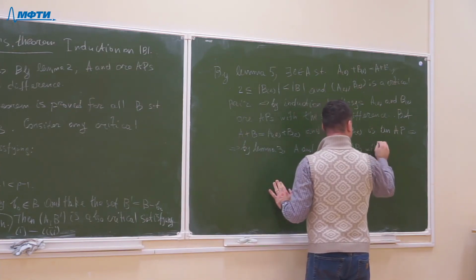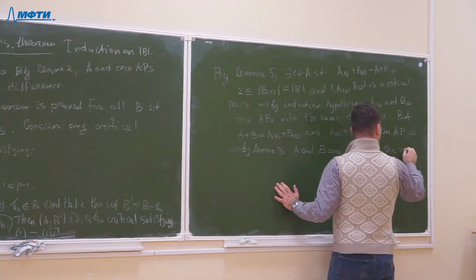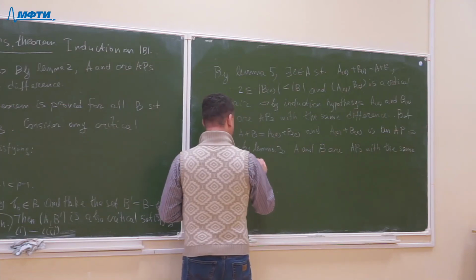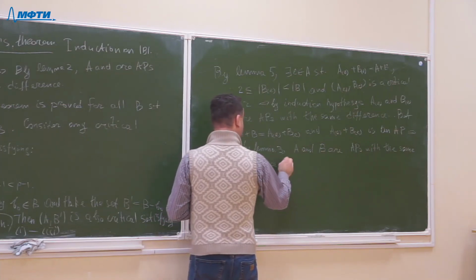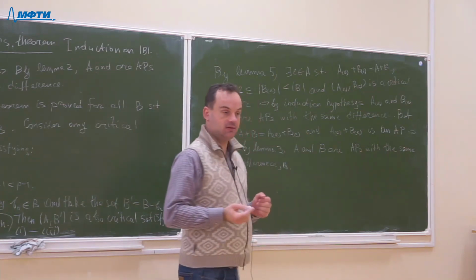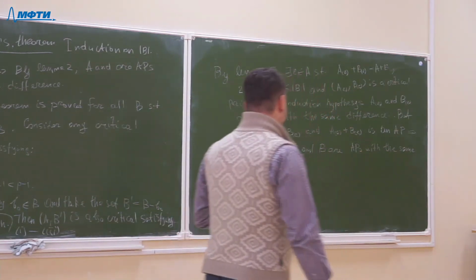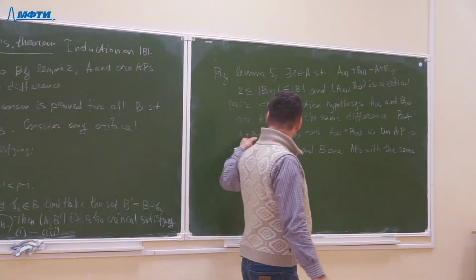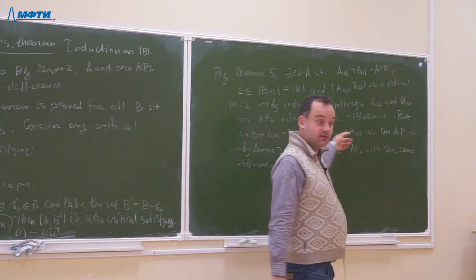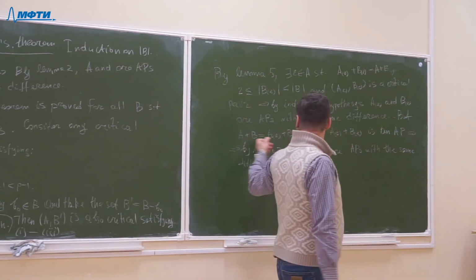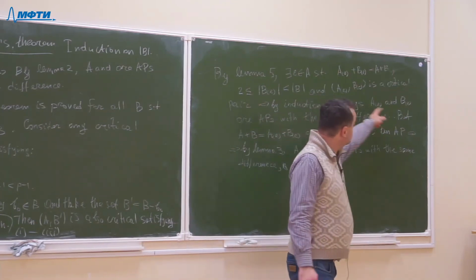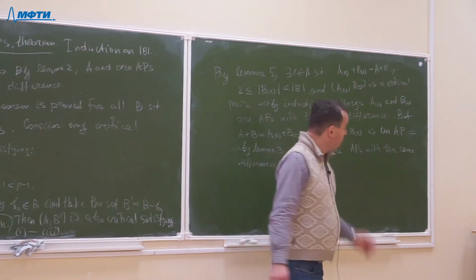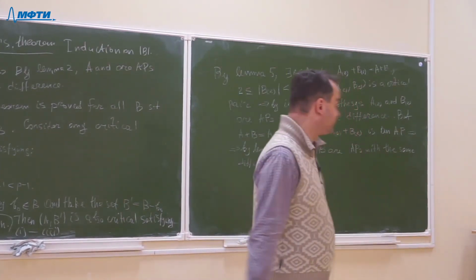Well, that's all. The hardest part of Vosper's theorem is proved. Notice that we have the same difference inside all these progressions. That's all. Questions?